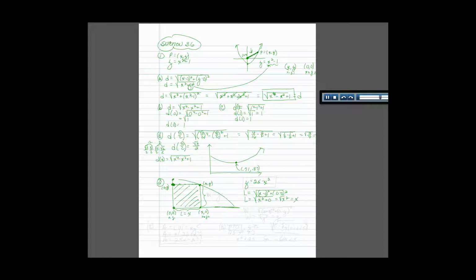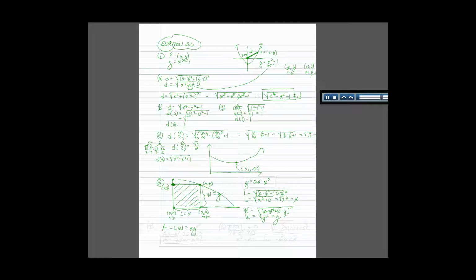I'm going to do the same thing for my width, and I have width equals, if I call this x1 and y1, and this x2 and y2 now, I would have square root of x2 minus x1 squared plus y2 minus y1 squared, or width equals, this is just gone, and we have square root of y squared, which is just y. Okay? So the area is length times width, which is x times y.